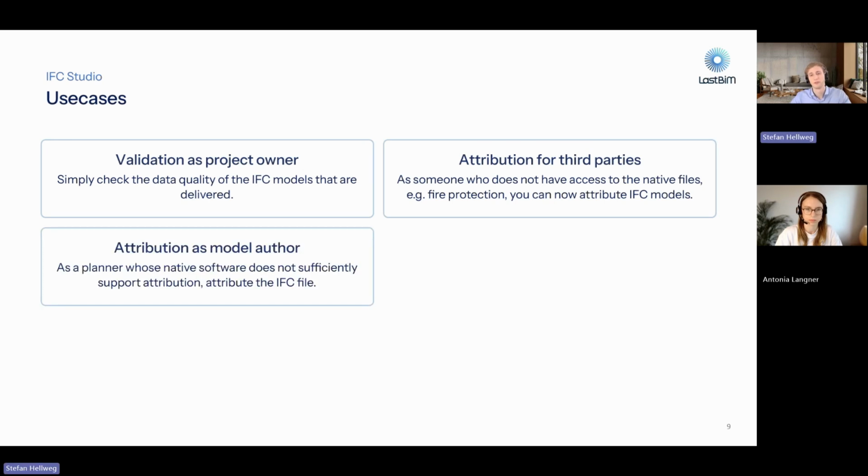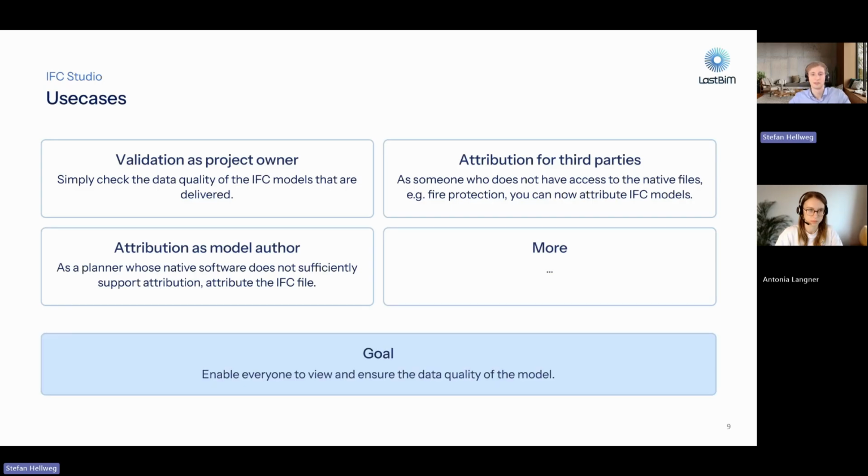For someone whose native software does not sufficiently support attribution or is not supported by the LASM plugins, you can still use the IFC Studio for easy attribution and validation. And the goal of the IFC Studio is to enable everyone to gain insight into and ensure the data quality of a model.